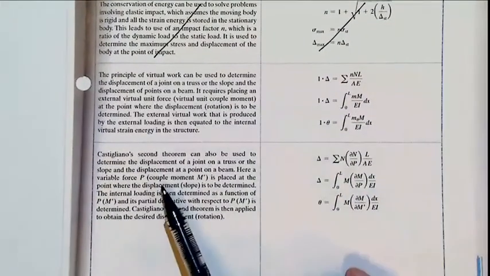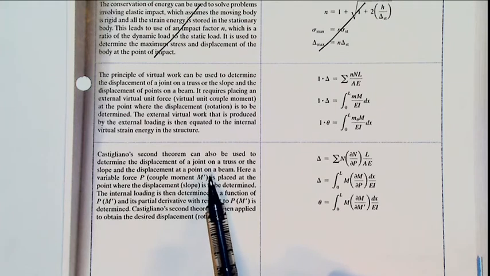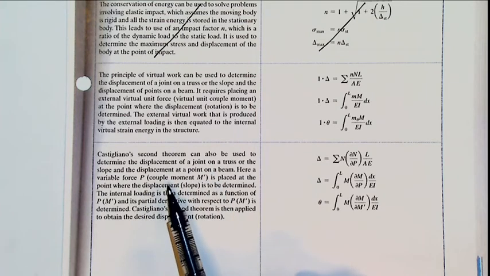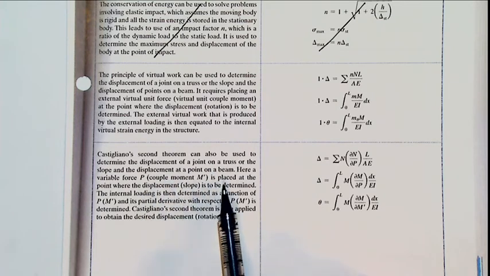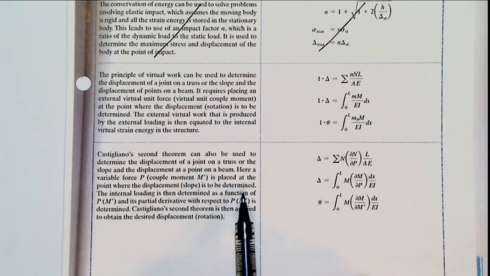Castigliano's second theorem can also be used to determine the displacement of a joint on a truss or the slope or displacement at a point on a beam. Here a variable force P is placed on the point where the displacement is to be determined. The internal loading is then determined as a function of P, or M prime, and the partial derivative is determined.